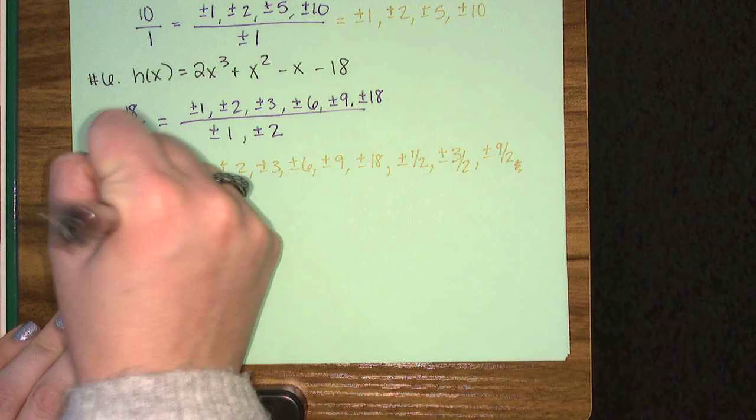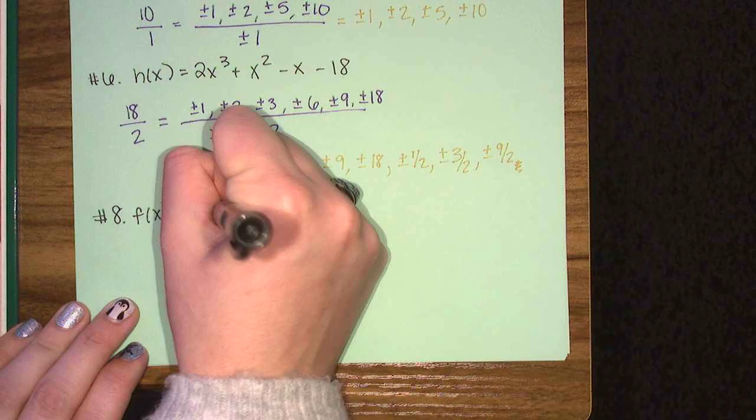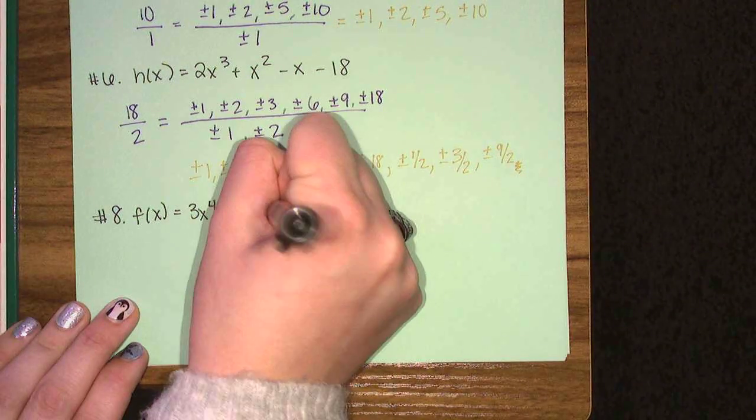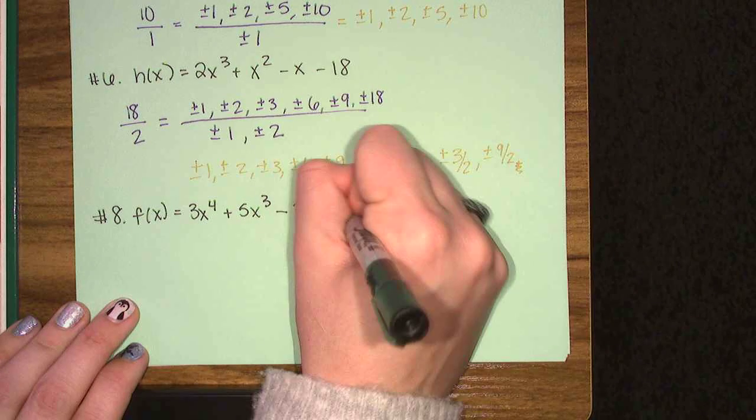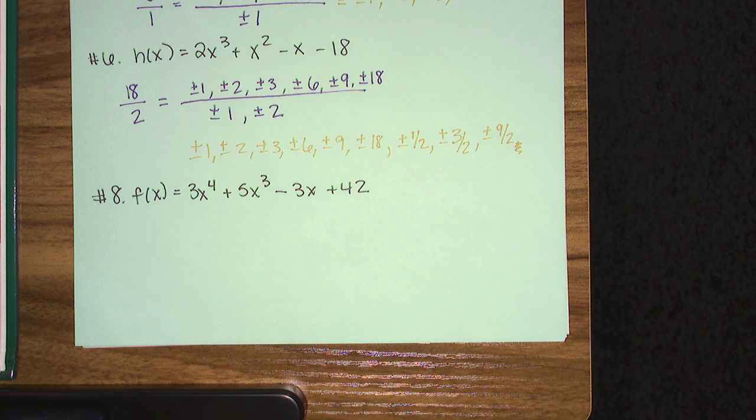Number 8. F of x is equal to 3x to the 4th plus 5x cubed minus 3x plus 42. So I'm going to let you guys tell me how to set this one up.